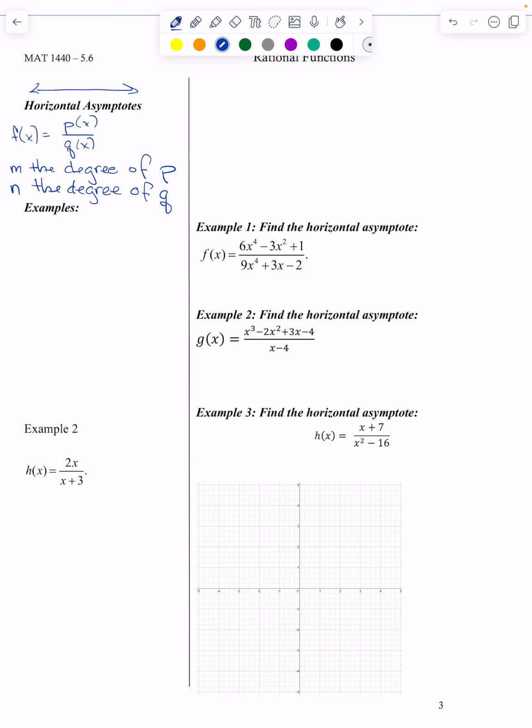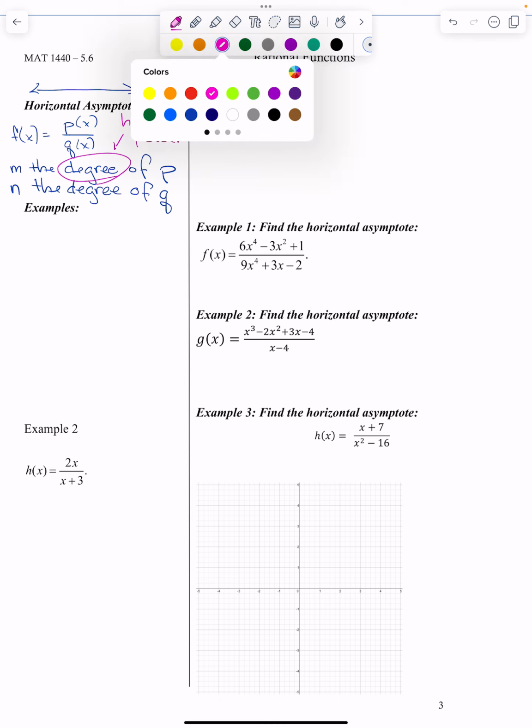And quick reminder that degree means highest power. Highest power in the polynomial. So there are 3 things that can happen.